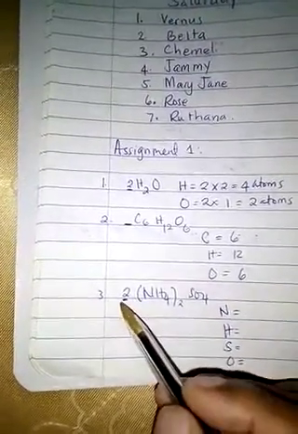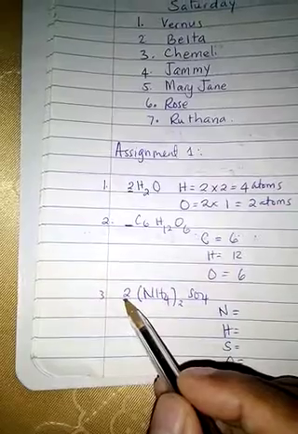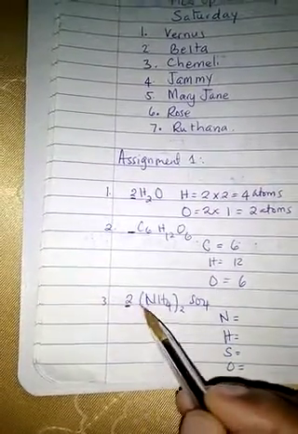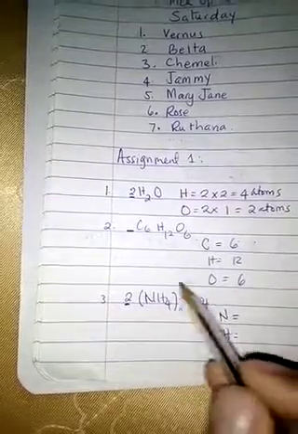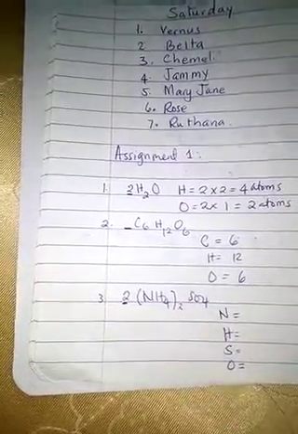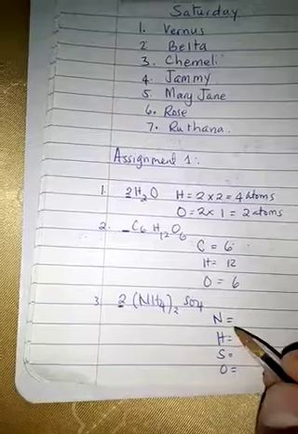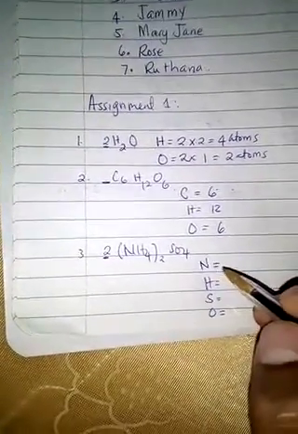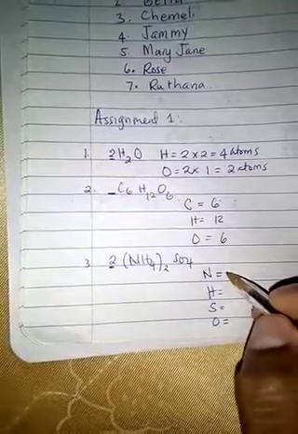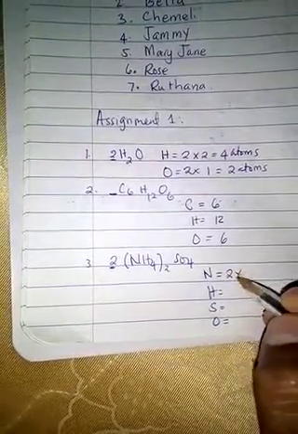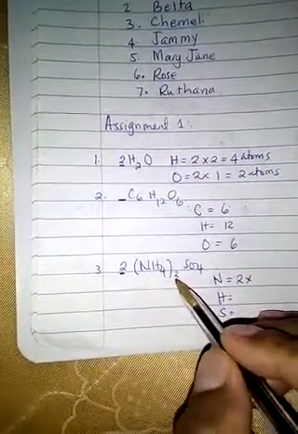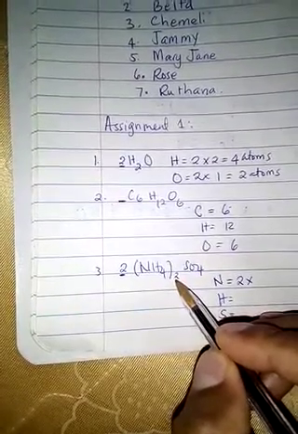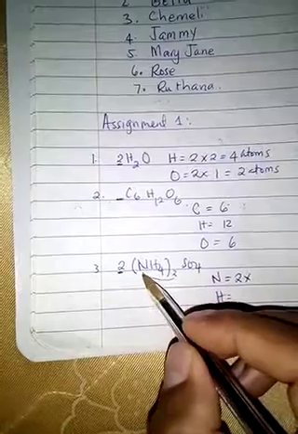Since we have 2 in front, that is a coefficient. It multiplies everything in this molecule. So to find the total number of nitrogen, you multiply 2 by 2 outside of the parentheses, and then you multiply inside.